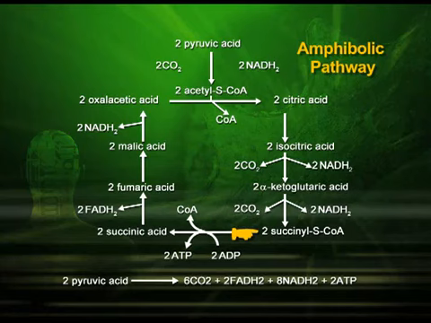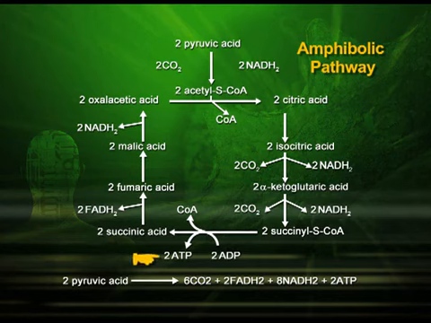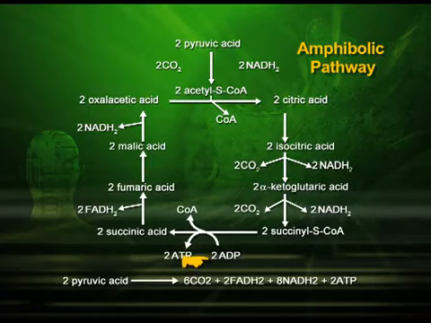Now, the next step which is coming is very important, which will finally give rise to succinic acid from succinyl CoA, and in the process it will give out 2 molecules of ATP, with 2 molecules of ADP to ATP conversion, and CoA. Please remember that ADP at this point is converted to ATP.